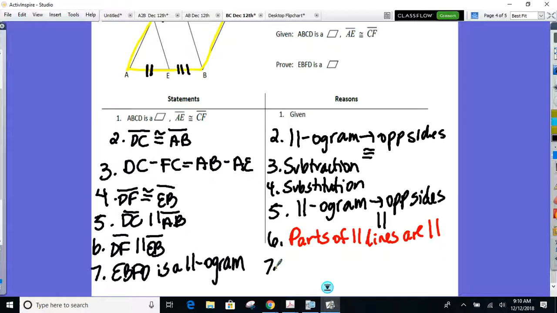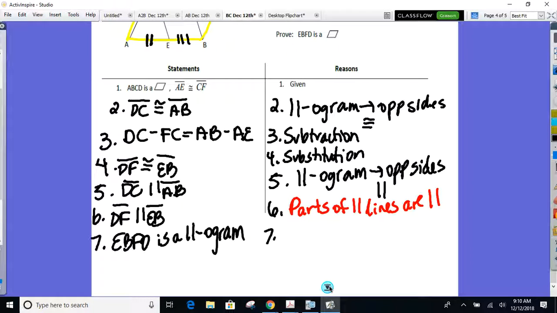I know this is a longer one. Sorry, you have to write it down. But what did I just show? One pair of opposite sides. Congruent, not just congruent, and parallel imply a parallelogram.